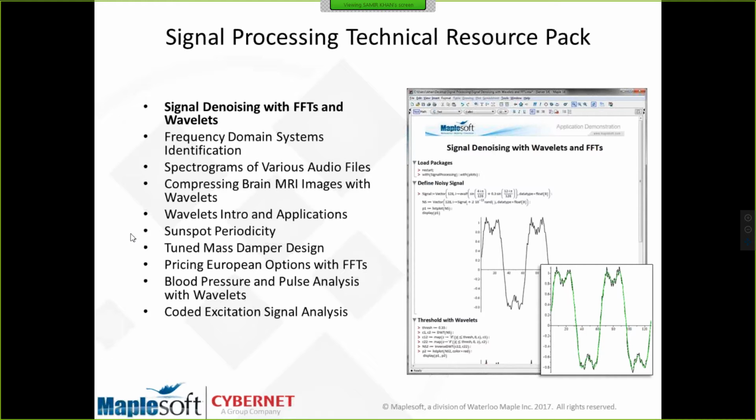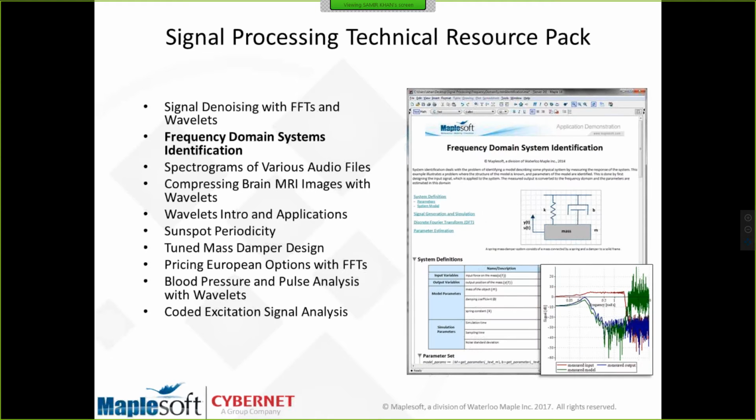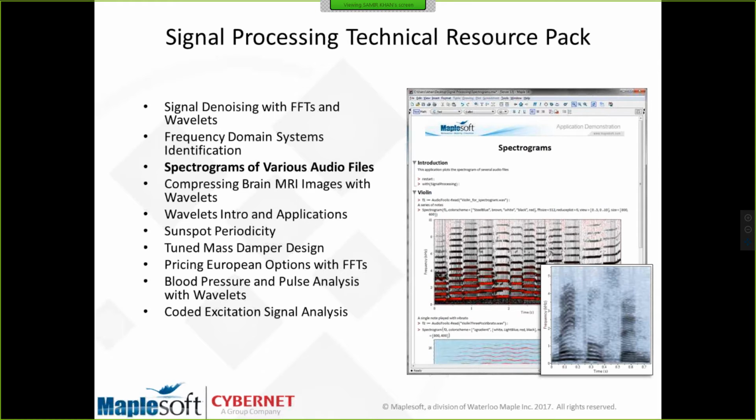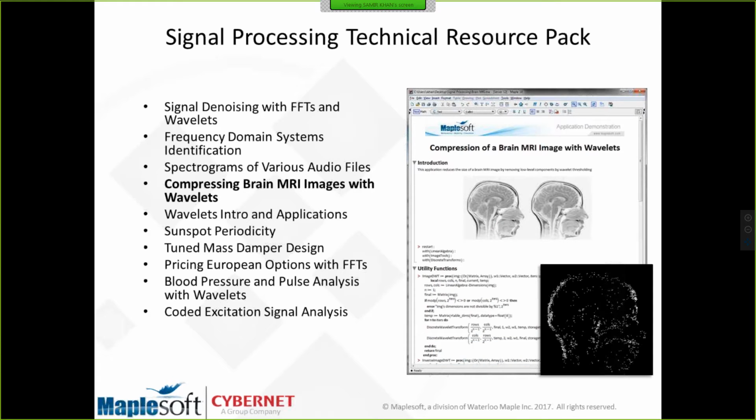In this technical resource pack, we have applications that cover signal denoising with FFTs and wavelets, frequency domain systems identification, an application that plots spectrograms and power spectrums of various audio files. This is a rather fascinating application. Here we compress brain MRI images with wavelets.